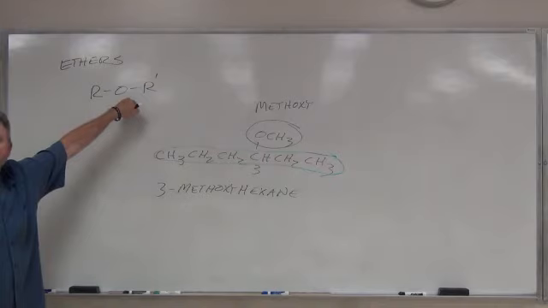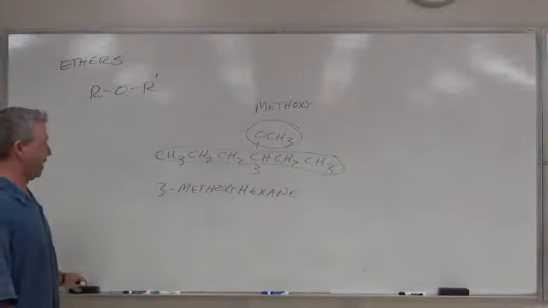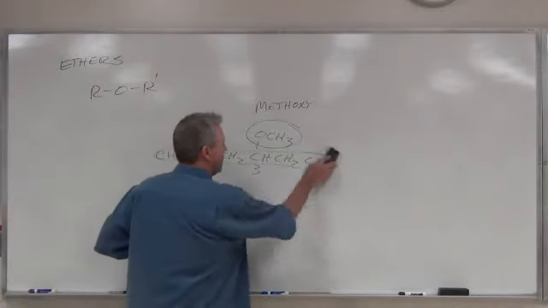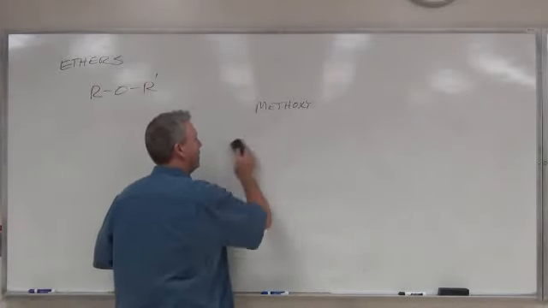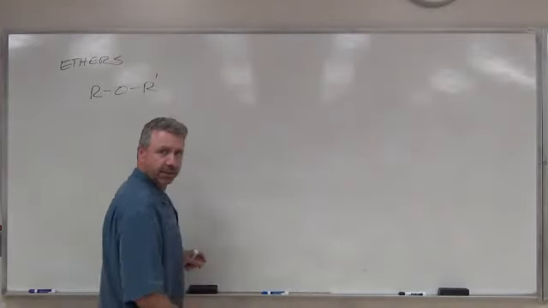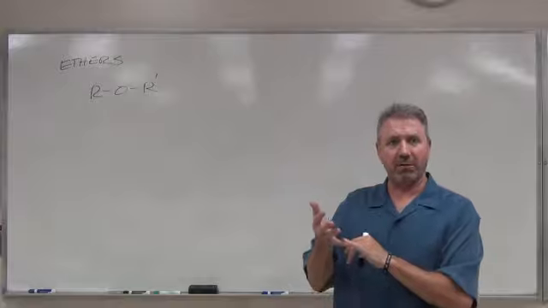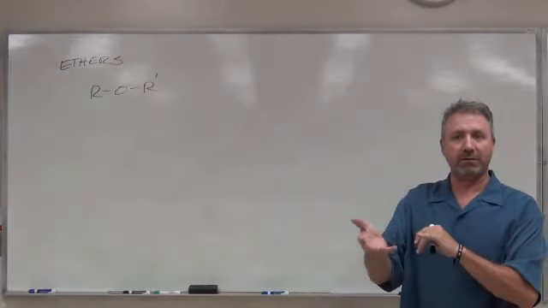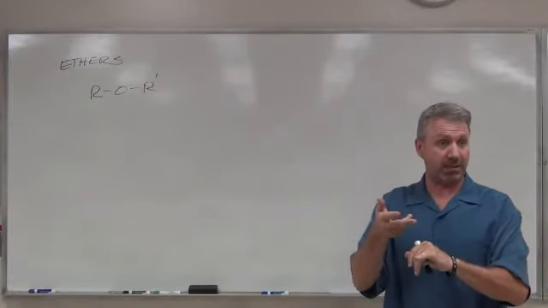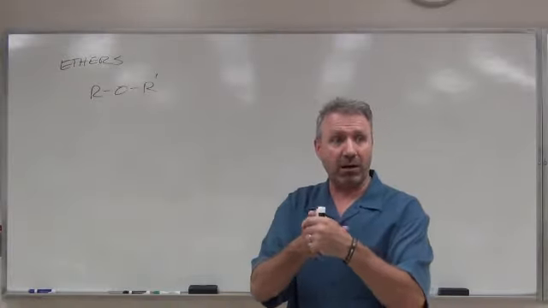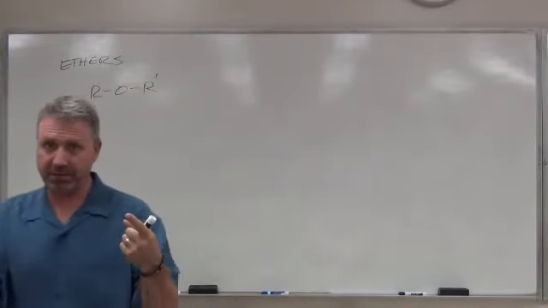No reactions for the ethers. There are several out there, but we're not going to learn any. You see how important the nomenclature is becoming, right? Think about all the functional groups we've done already: alkanes, alkenes, alkynes, alcohols, phenols, and we've just done ethers.